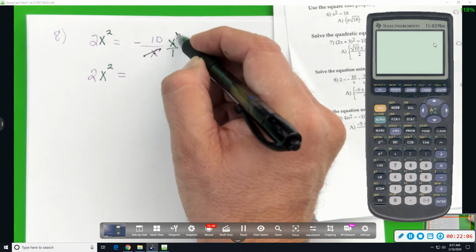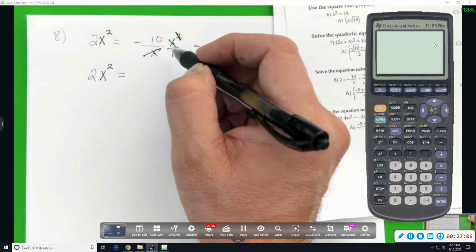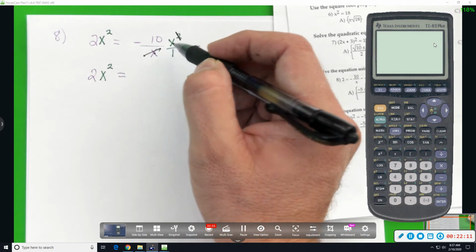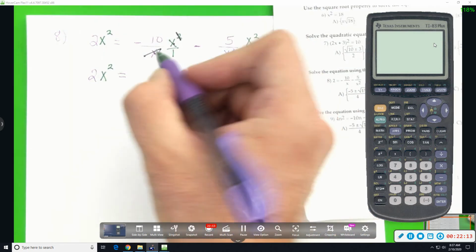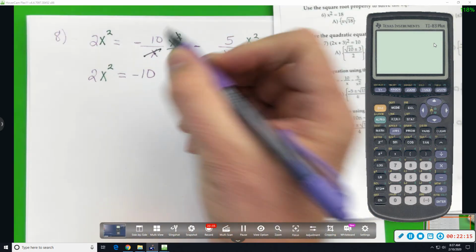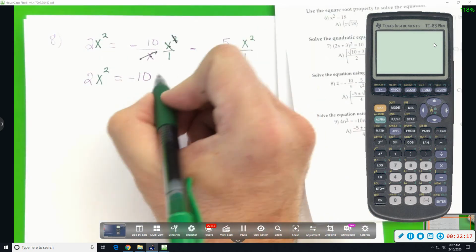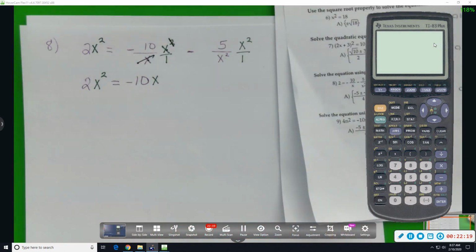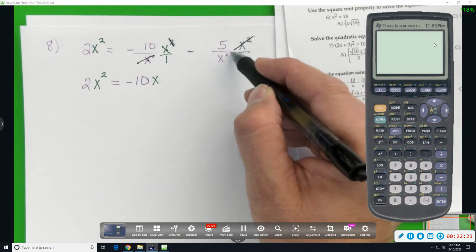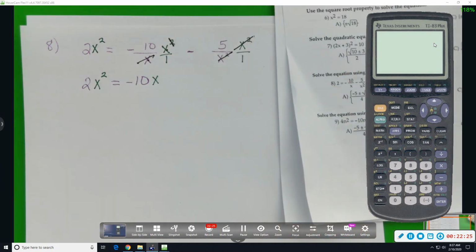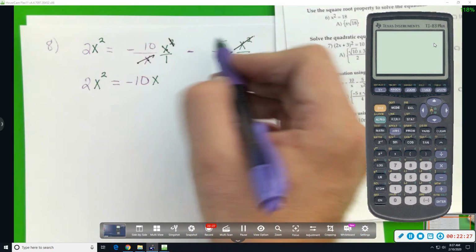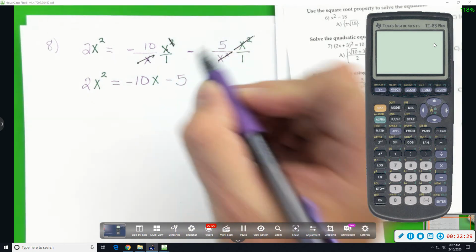So I'm just going to mark out that exponent because I still have a green x here. So I have a purple minus 10 and a green x. And over here, the x squares both cancel. So we just have that purple minus 5.